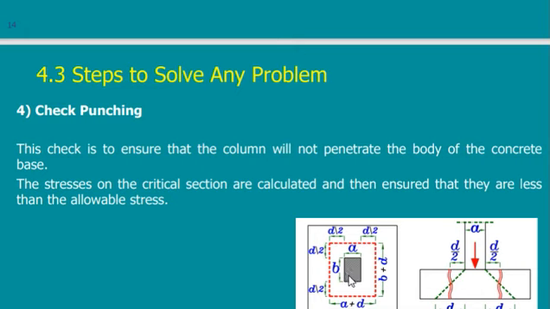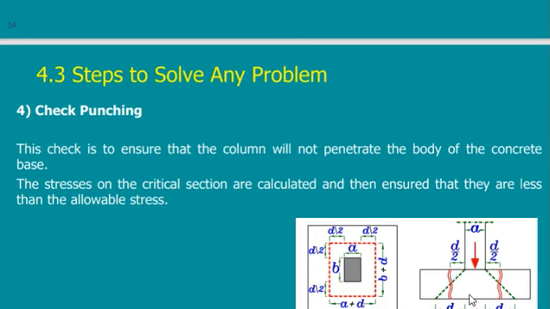The critical section also will be at the edge of the column, but it is not really at the edge of the column, because the column is pushing a load and this load is dispersed below the column. As we said, from this area the load is dispersed with an angle, say 45 degrees, and all of this area is affected by the load of the column.